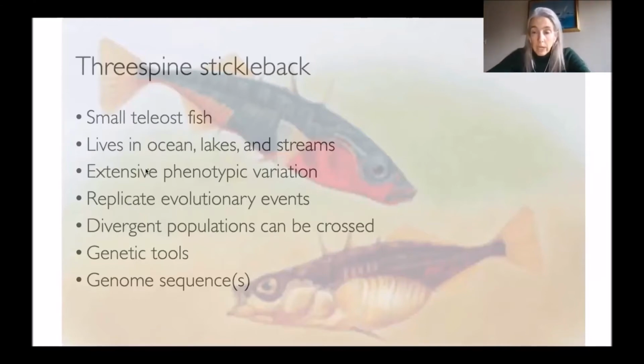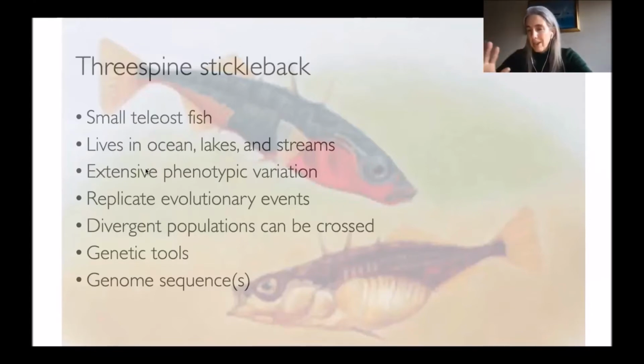What's really nice is we have these natural replicates. Marine sticklebacks have invaded freshwater thousands of times over, and we also see replication across freshwater habitats, which really gives us the opportunity to ask, what are the same genetic changes involved when similar phenotypes evolve? What's really great for me as a geneticist is that I can take these very divergent populations, bring them back to the lab, and cross them and generate lots of offspring.